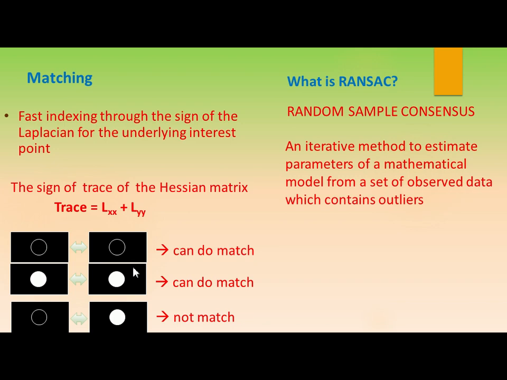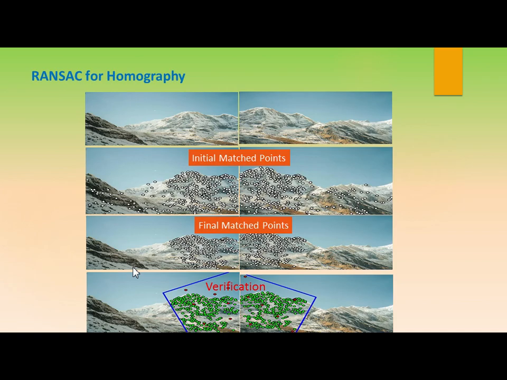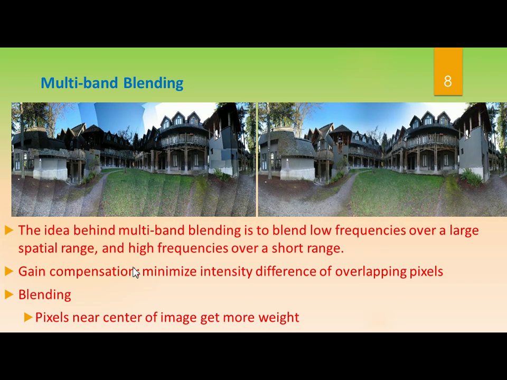And what is RANSAC? It is random sample consensus, an iterative method to eliminate outliers. The main process is RANSAC for homography. Initially we match the points, then get the final match points, do the verification, and apply multi-band blending, which is mainly meant to eradicate blurred images.